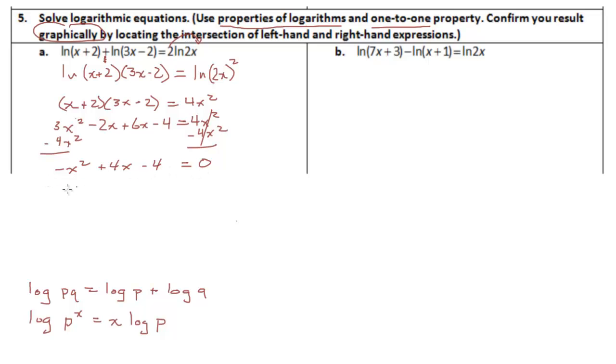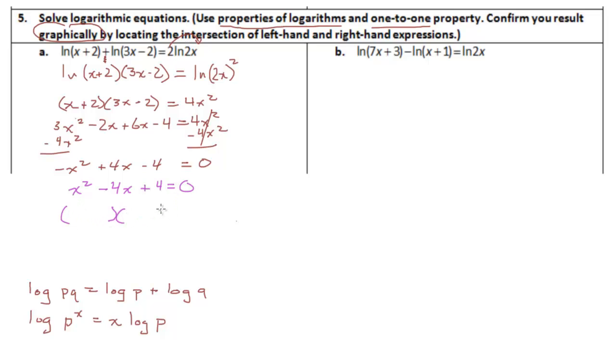Let's multiply through by negative 1. So at this point we've got x squared minus 4x plus 4 equals 0.